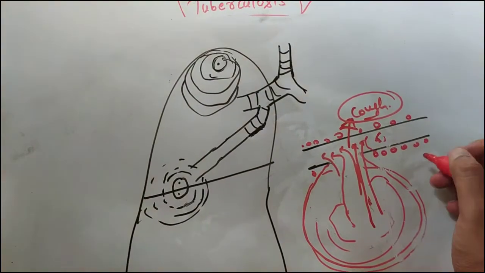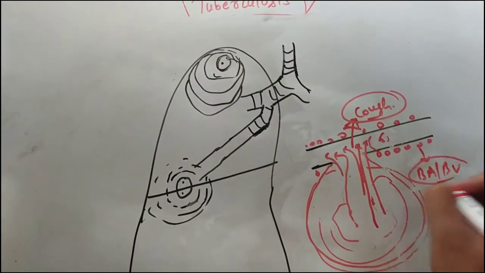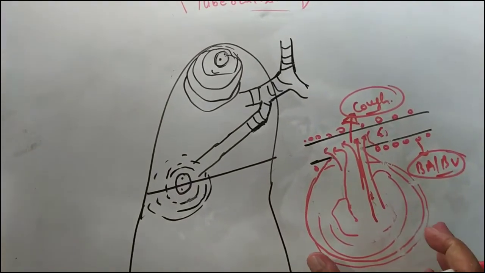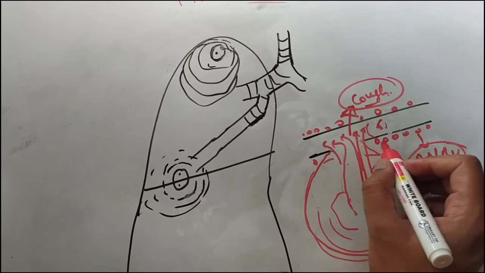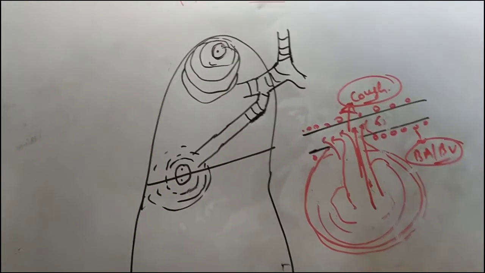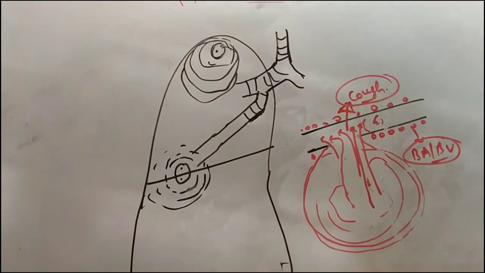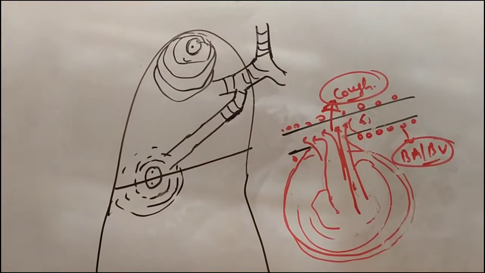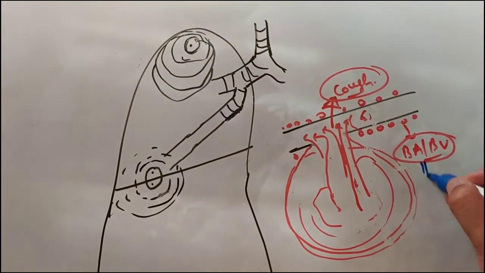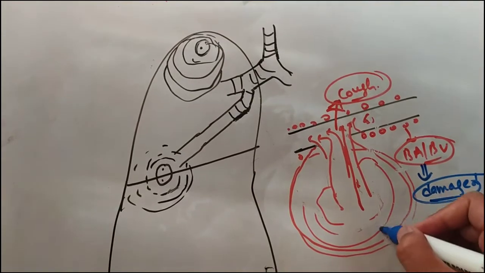So this is the bronchiole, and this is the bronchial artery, or we can say the bronchial veins. Whenever the cavity is progressing, it will also cause damage to the bronchial artery or bronchial veins, and when they get damaged, there will be bleeding.